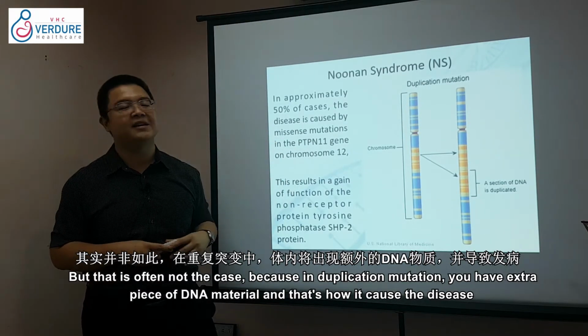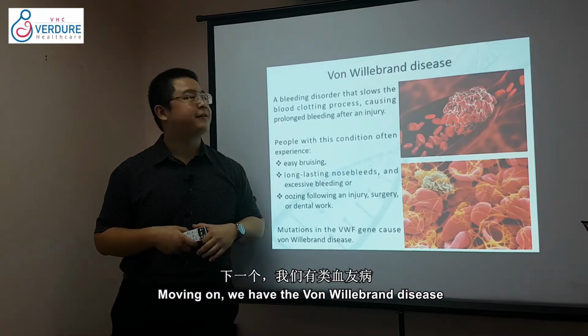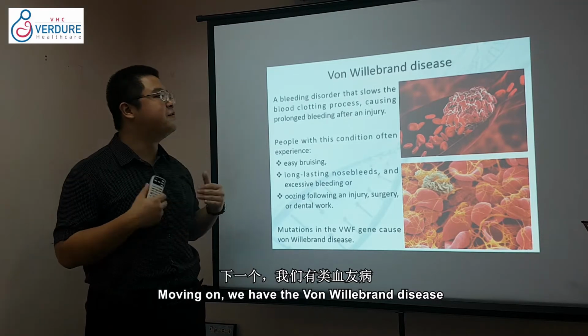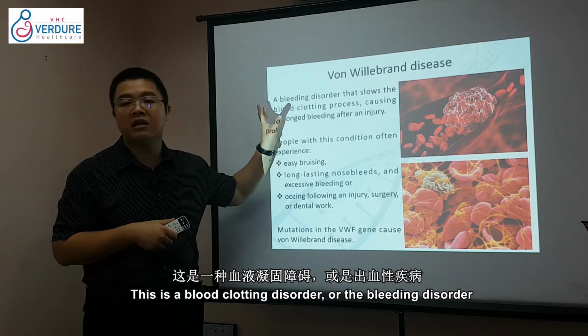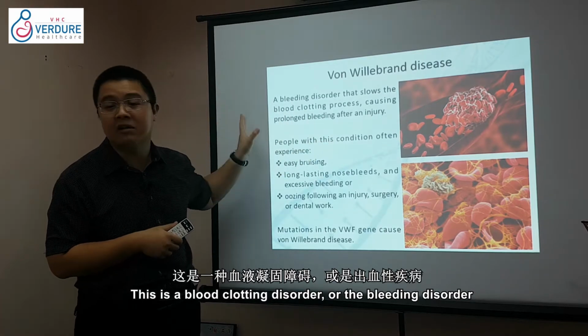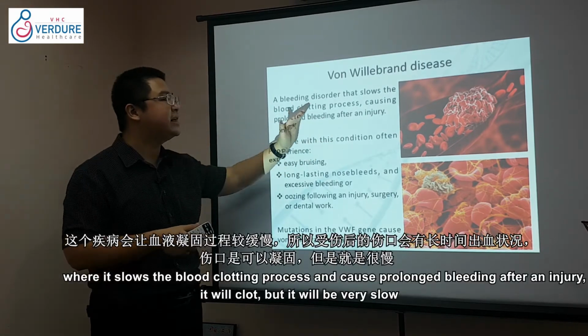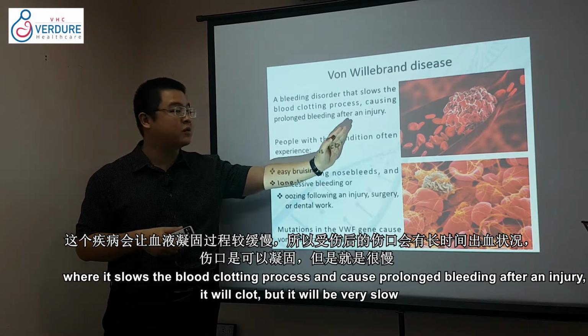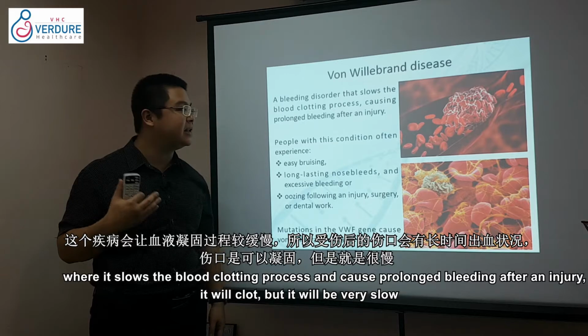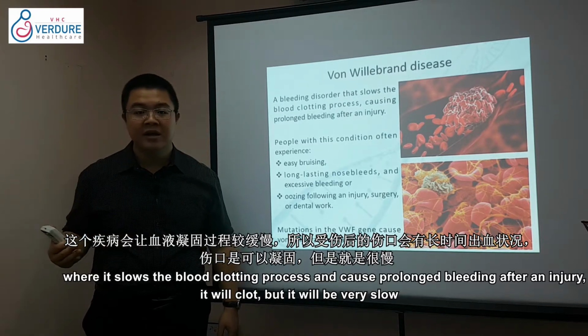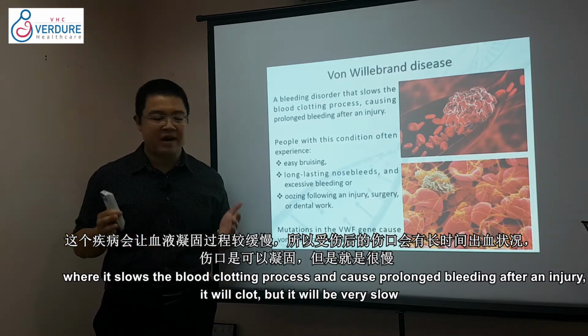Moving on, we have Von Willebrand disease, a blood clotting disorder, also called a bleeding disorder, whereby it slows the blood clotting process and causes prolonged bleeding after an injury. It will clot, but it's just very slow.